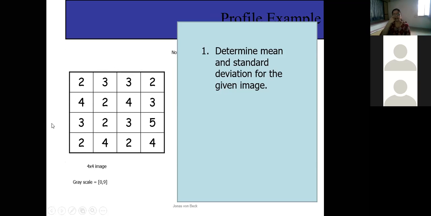Please determine the arithmetic mean, or average pixel value, for the given image and type your answer in the chat box. I'm waiting for your answer. Simply do 2 plus 3 plus 3 plus 2 till the last pixel value, divided by 16. It will give you the mean value of the image.